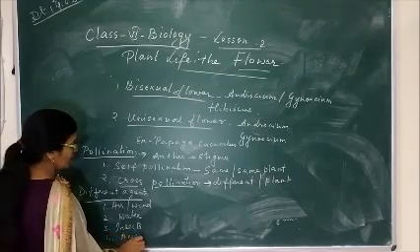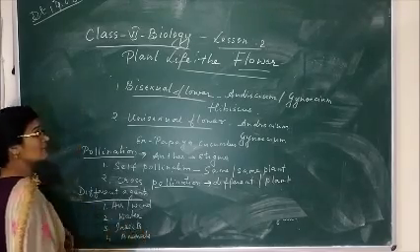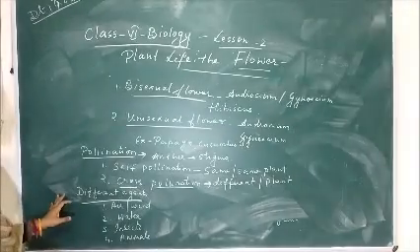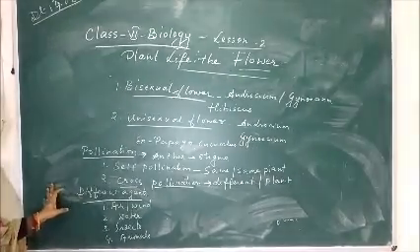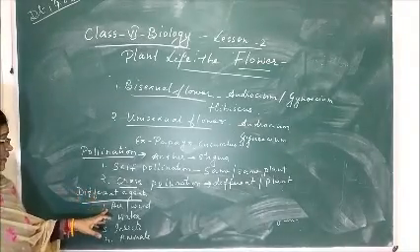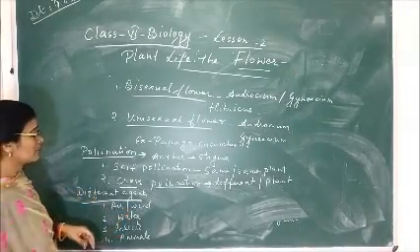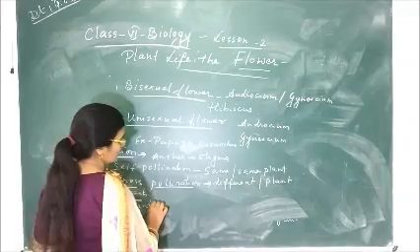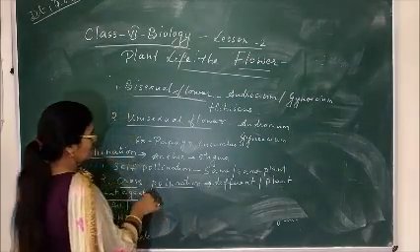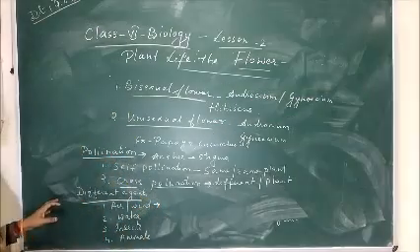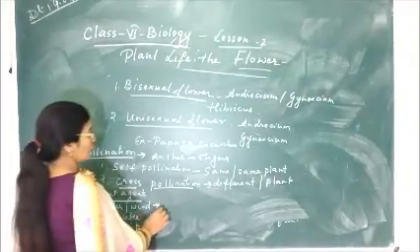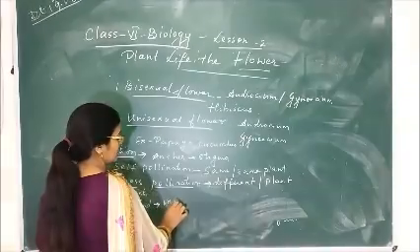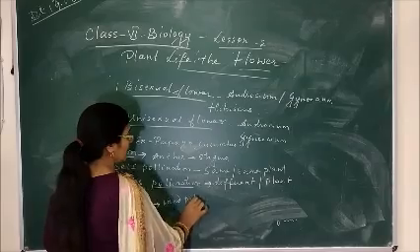So these are the four agents by which the pollen grains are transferred from anther to the stigma. Air or wind means wind helps in the pollination of the pollen grains from anther to stigma, and these are called wind pollinated flowers, which are pollinated by wind.